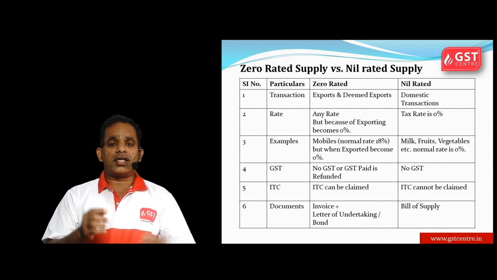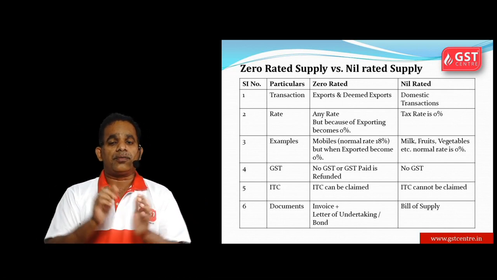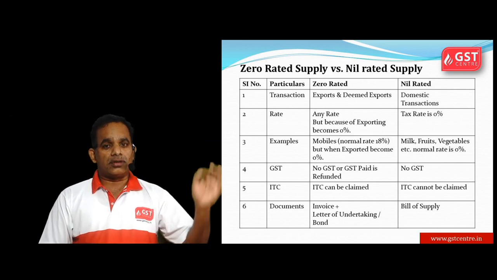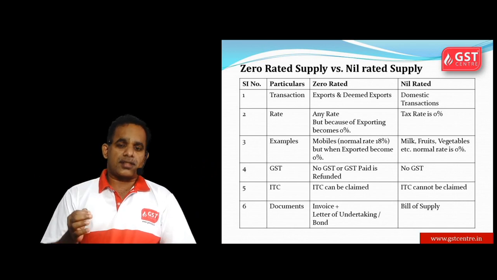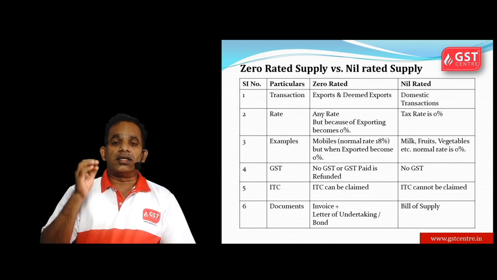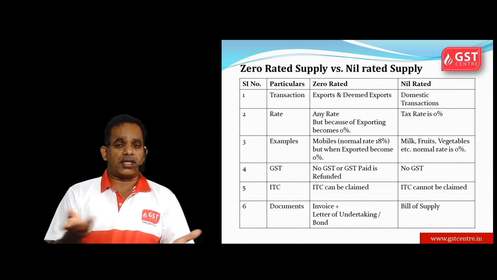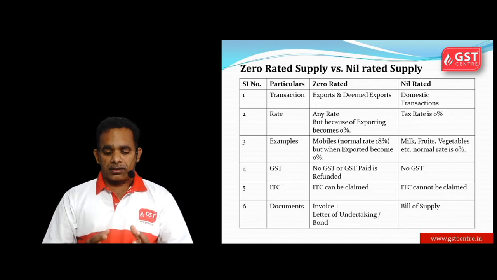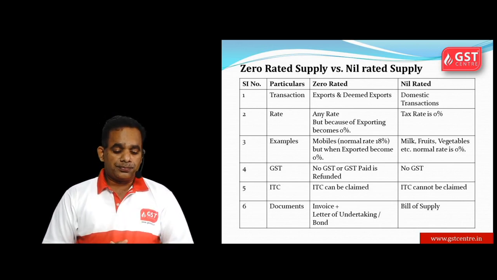For zero rated, the GST rate is there in India, but when we are exporting, it will be zero. But nil rated goods is 0 in India and outside. Then examples: mobile, the GST rate is 18% when it is sold in India, but when we are exporting it, it is 0%. And for nil rated, milk, fruits, vegetables, etc., which are charged at 0% everywhere.